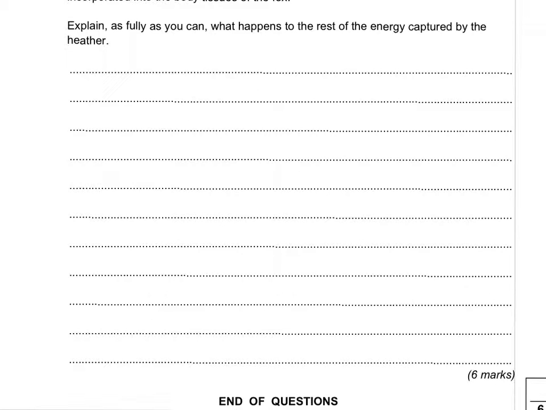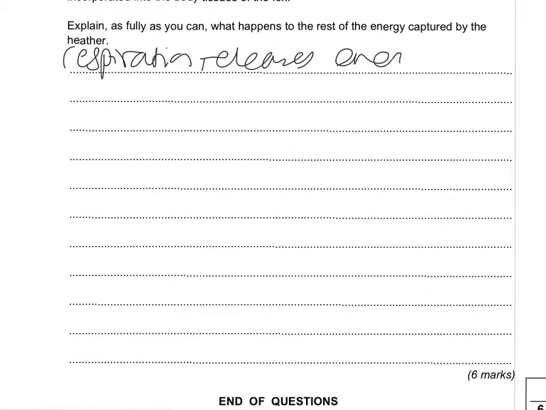So our first point that we can say is that some of the energy will be used for respiration. So respiration actually releases energy. Okay, so that's your first one. The next one, energy can be lost as waste.